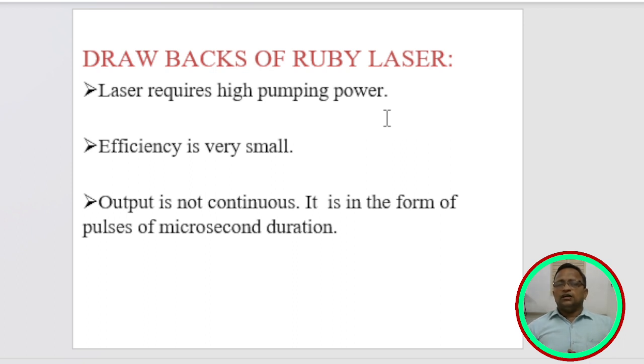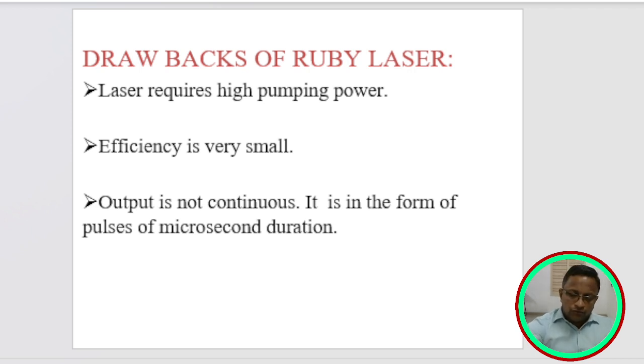That is the drawback of the ruby laser. The ruby laser requires high pumping power, its efficiency is very small, and the output that comes from the ruby laser is in the form of pulses. So we are not able to produce a continuous beam of laser light by using ruby.